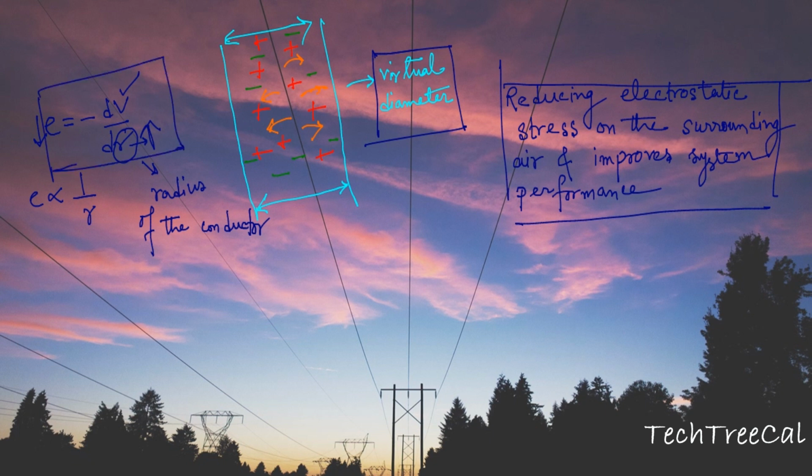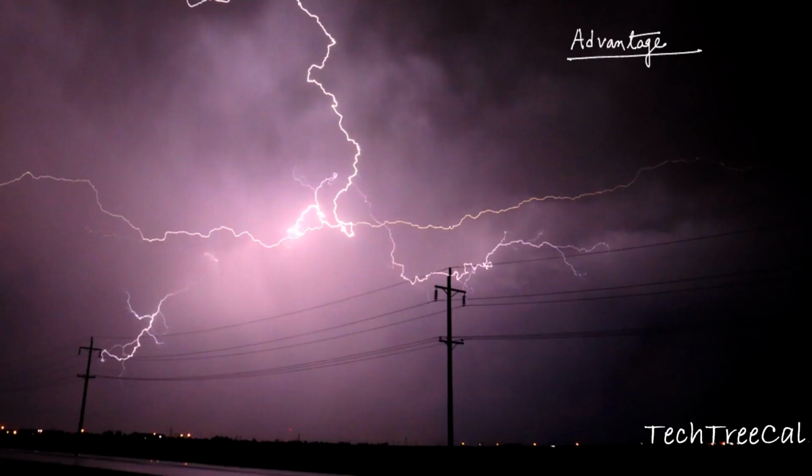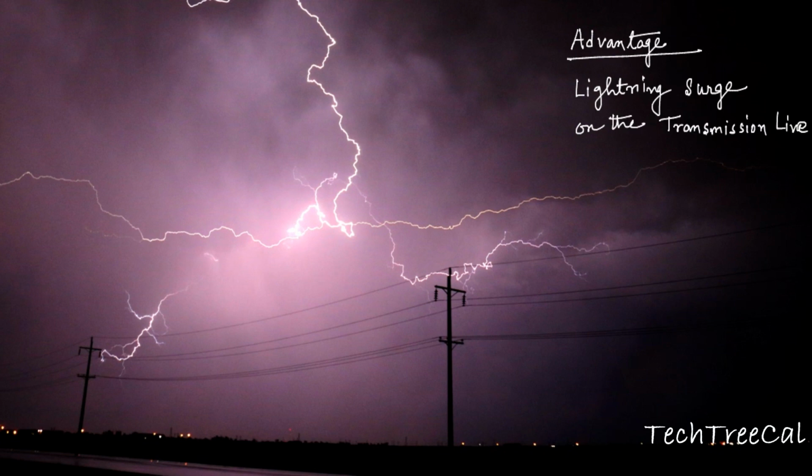That is why it decreases the electrostatic stress on the surrounding air, and simultaneously the chances of flashover are reduced. Clear? Corona also reduces the probability of lightning surge on the transmission line.